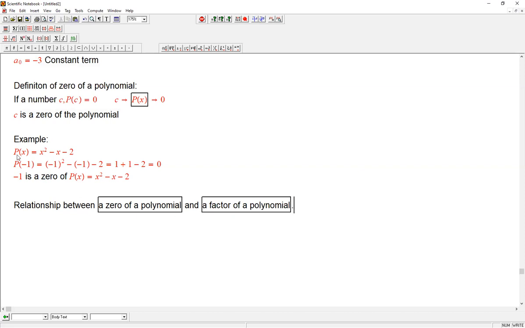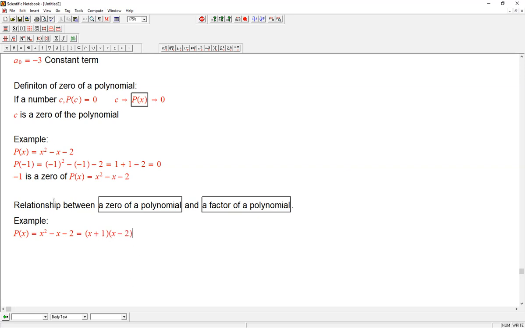In the previous example, we know that -1 is a zero of this polynomial. On the other hand, if we factor the previous polynomial, we get x plus 1 times x minus 2.